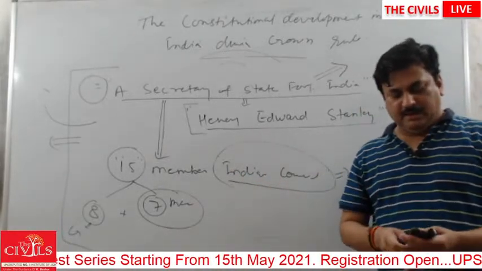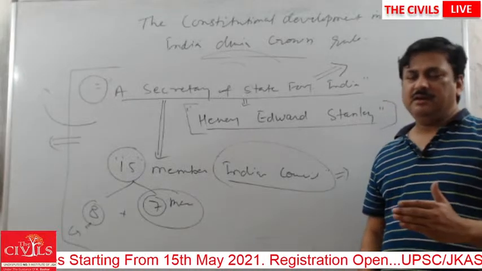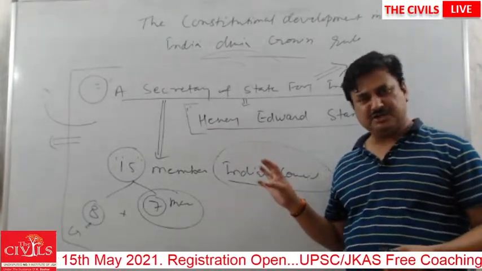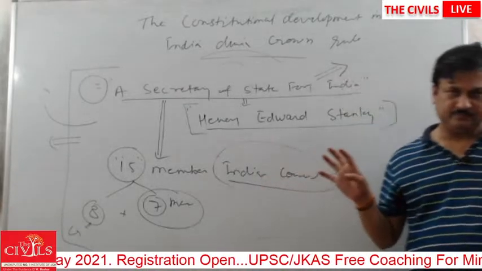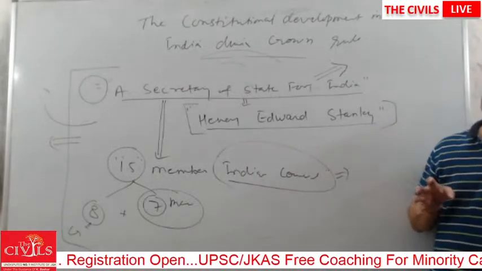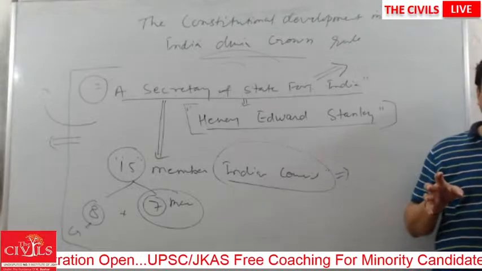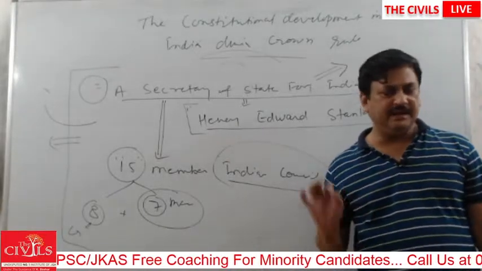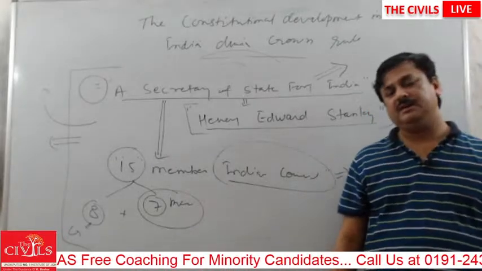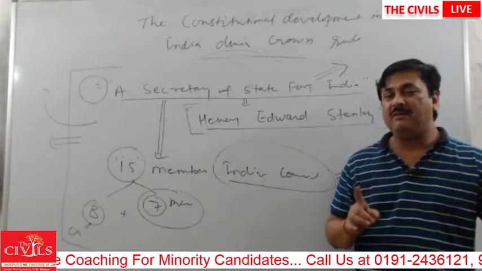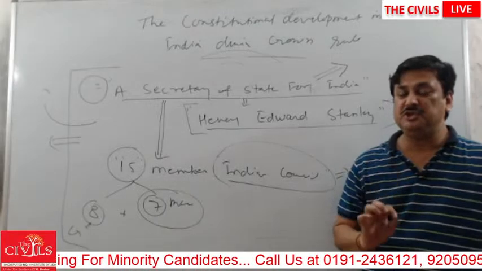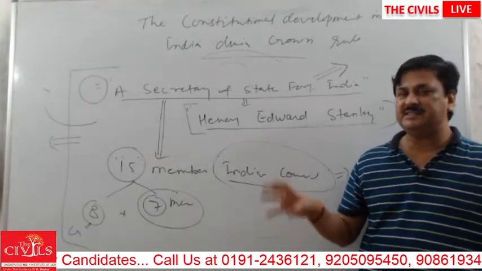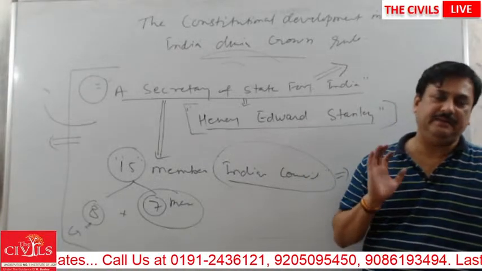The Governor General of India became the Viceroy of India, and as Viceroy he was considered the representative of the Crown. Since he was the representative of the Crown, the power and position of the Viceroy in India increased tremendously.